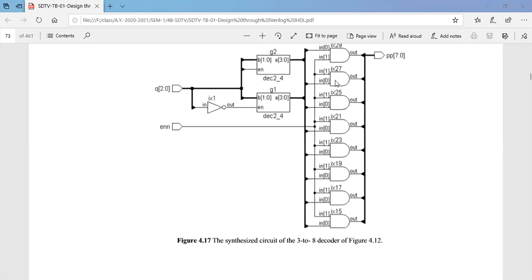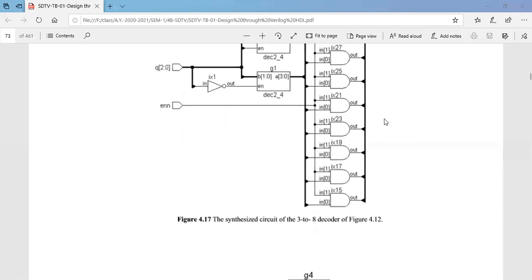We have 8 AND gates, with 3 inputs, and correspondingly we have the inverted outputs for the base level inputs. It will be assigned based upon the requirement. This is the enable sequence. Total, this is the output. We will be getting an 8-bit output.